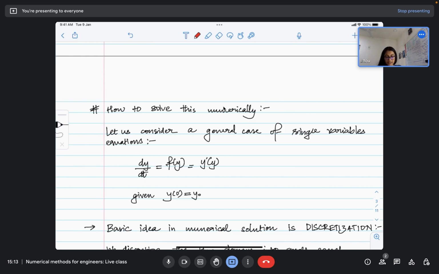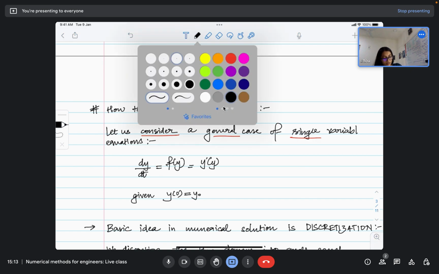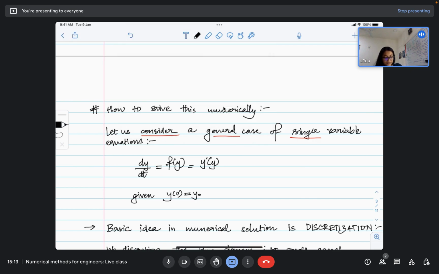So in order to keep it simple, let us consider a general case with just a single variable. How do we go ahead if we have a single variable?